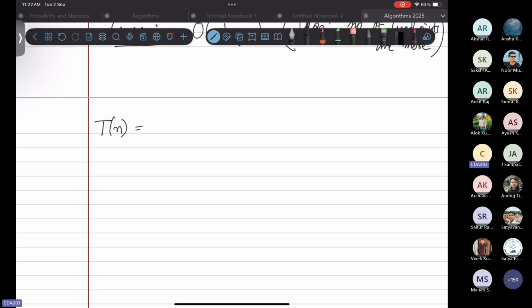So T(n), I'll say the running time, but this time I'll say it's the expected running time of randomized quicksort for n elements. Right?